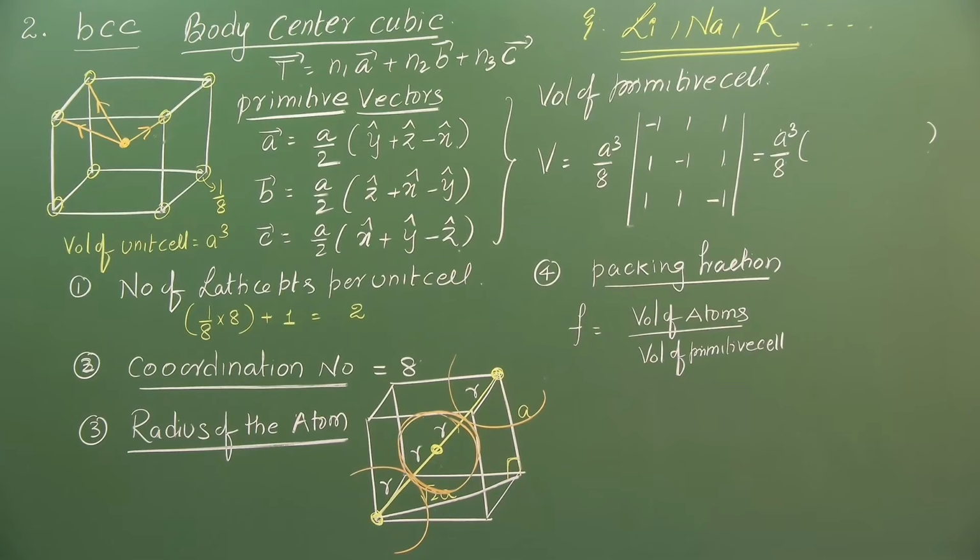Primitive vectors you must remember, otherwise we can't get the reciprocal lattice.